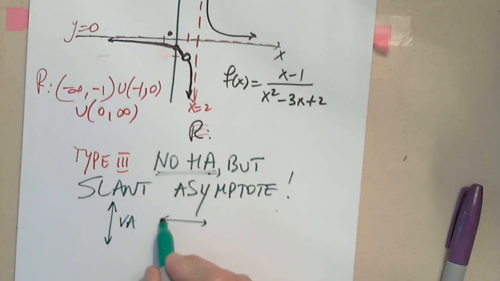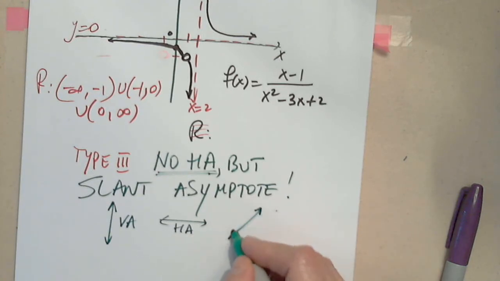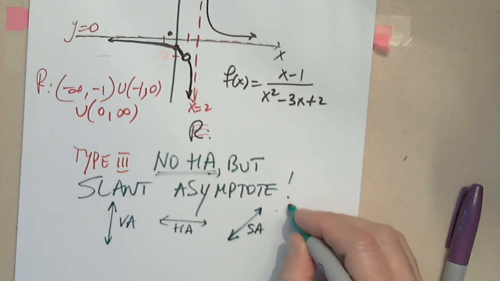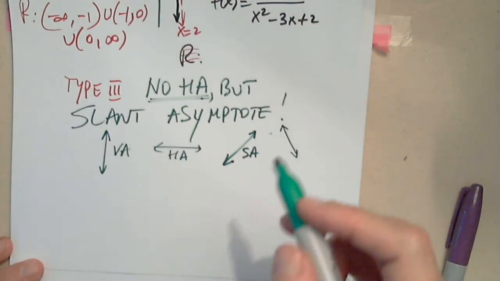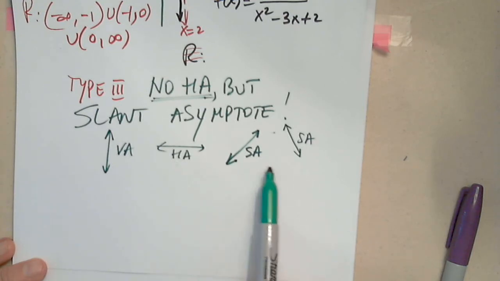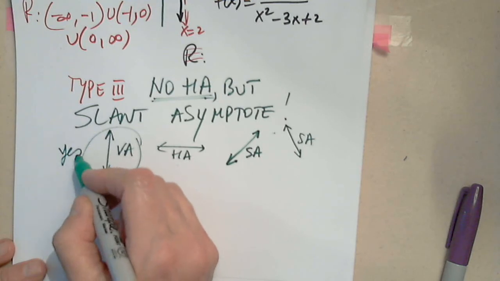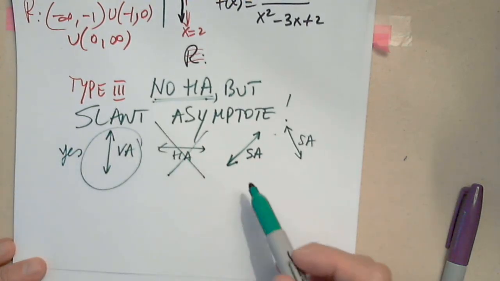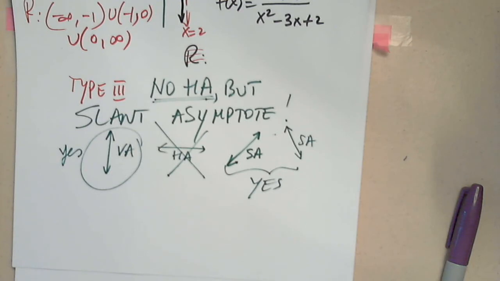This is horizontal. What could a slant be? Something like this, or like this. Vertical asymptote, horizontal asymptote, slant. It can have vertical asymptotes, yes. It cannot have horizontal asymptotes, and it will have a slant asymptote for sure.